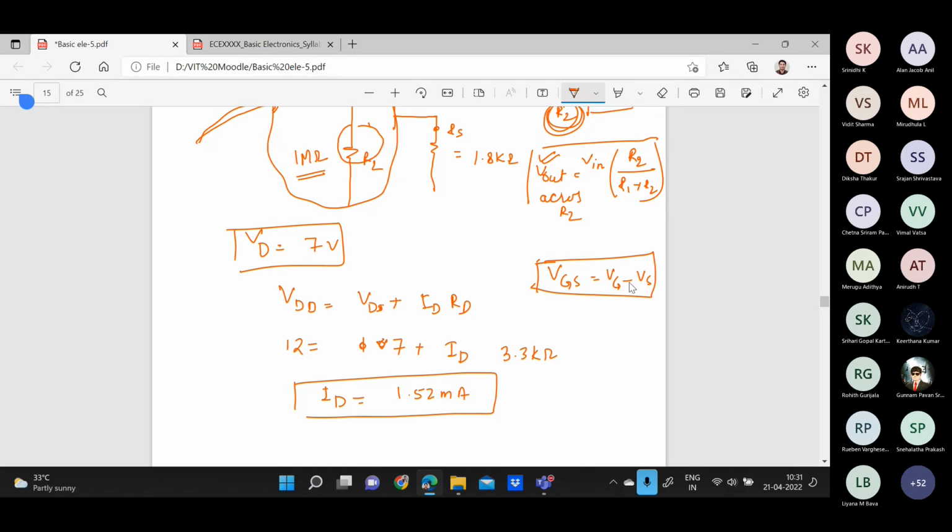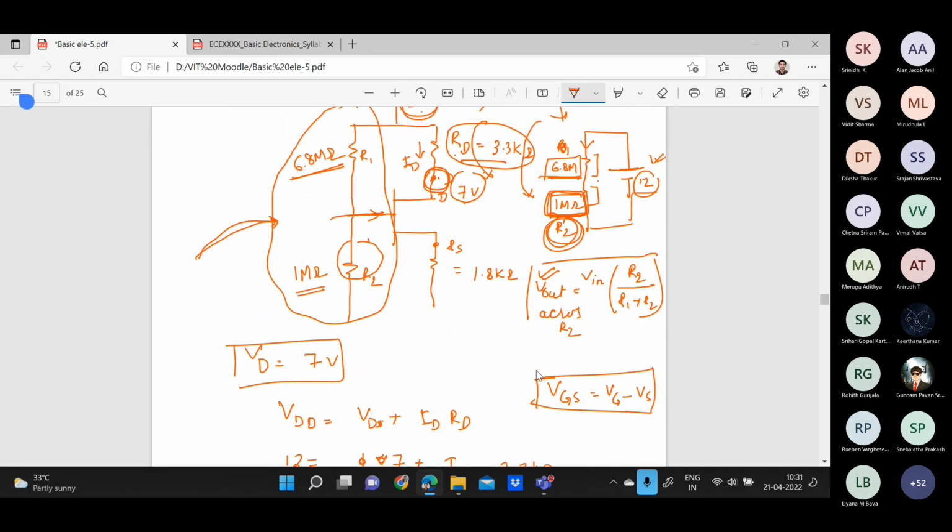For the source voltage, we have the value of ID. How will we find out the value of Vs? Here the same current, ID, will flow. So if you multiply it, you will get the value of Vs.